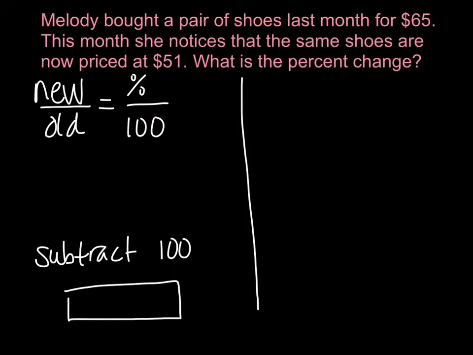Go ahead and do that method if that's what works for you. The other method is to find the change, okay? So find change, okay, meaning subtract.